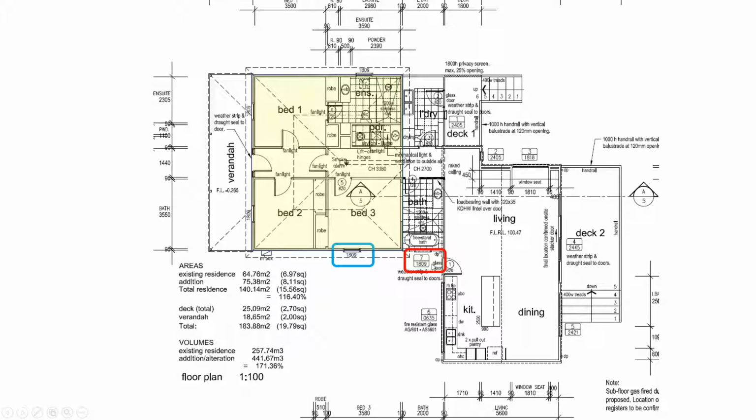Under the red we have a tag with a window number which refers to a schedule. On this particular tag we have the window size as well. As long as we have the window size, that's all that matters. So don't worry if your drawings don't have a window schedule. As long as the window sizes are illustrated somewhere, that's all we need.